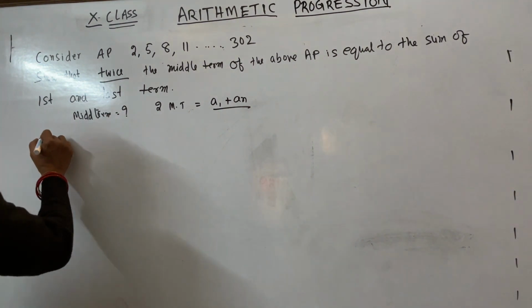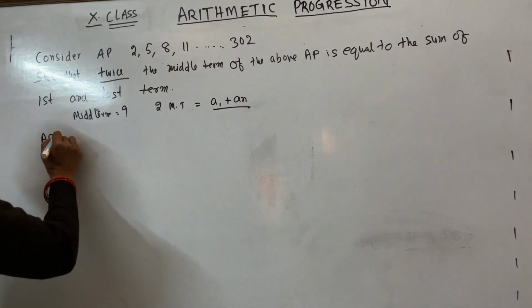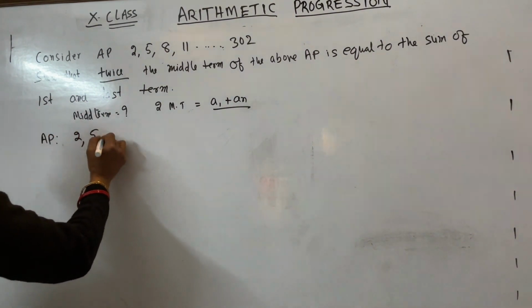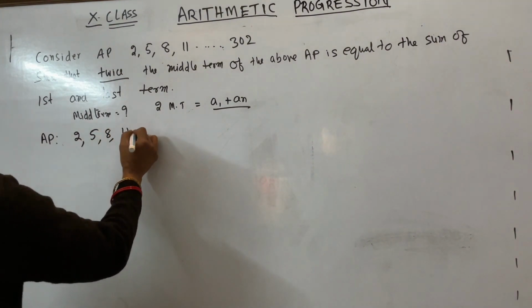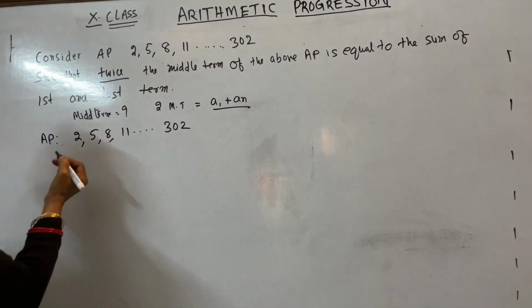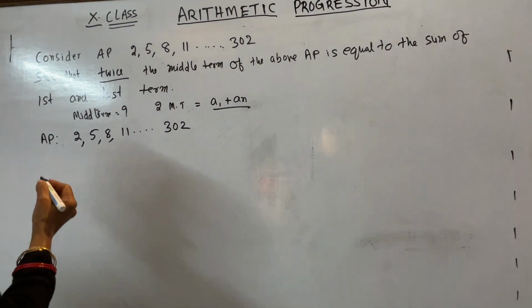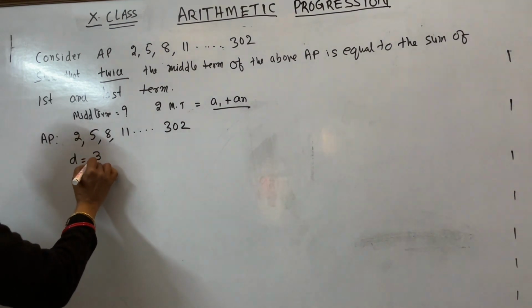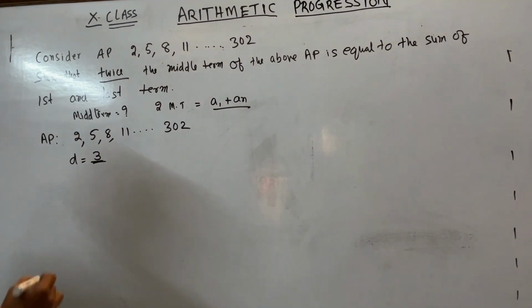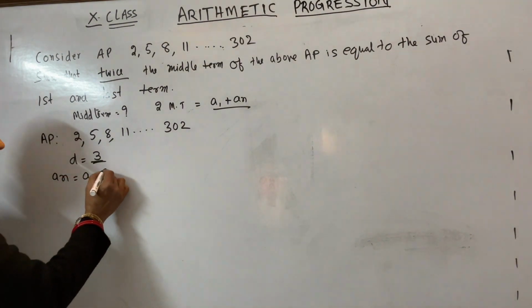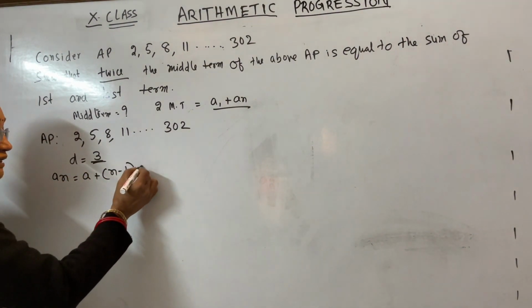Now the AP is 2, 5, 8, 11, ..., 302. I am going a little fast because you know the common difference: 5 minus 2 is 3. Now let's find the nth term: a plus n minus 1 into d.